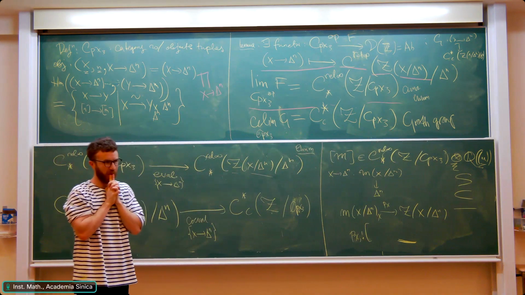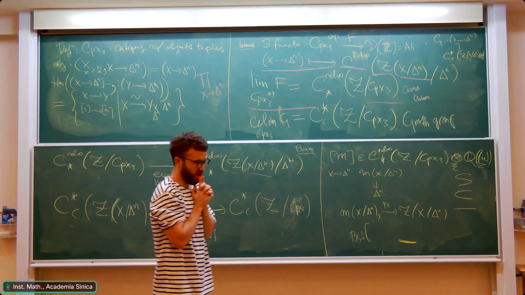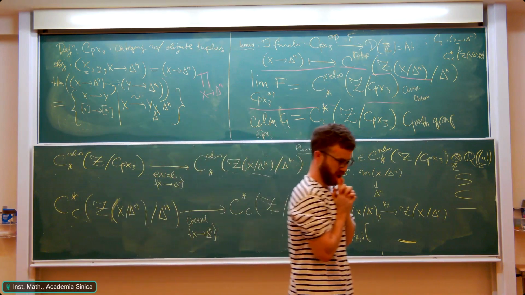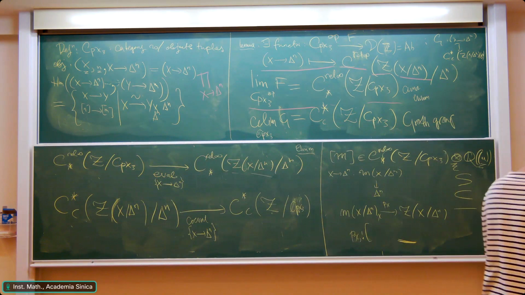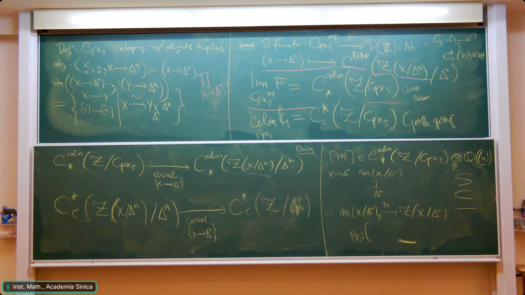Yeah, no, I see. In this case, you don't even need a complex structure. You basically only need almost complex, like J squared equal to minus identity in your space. Yeah. Maybe, I don't know.